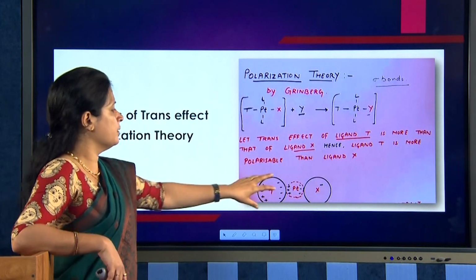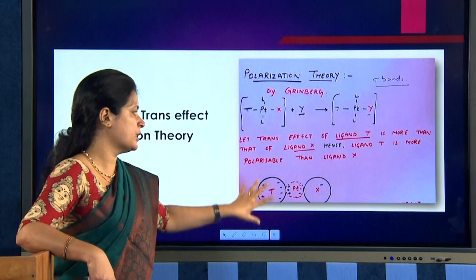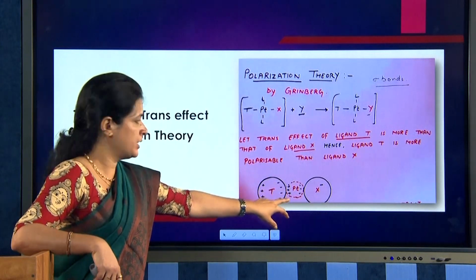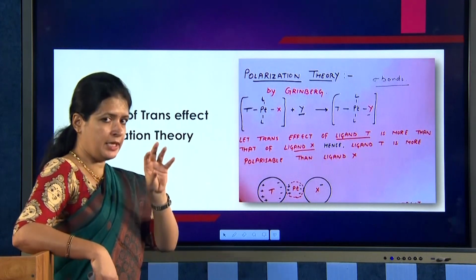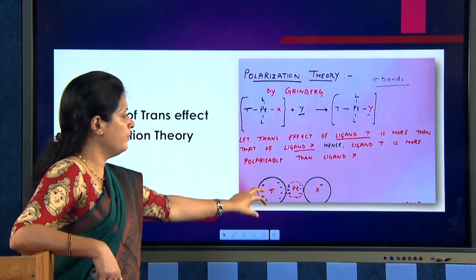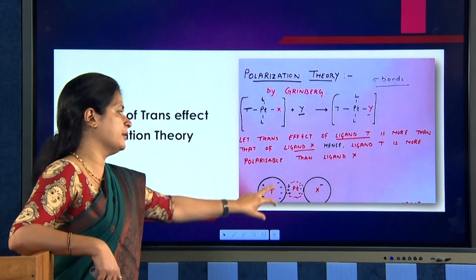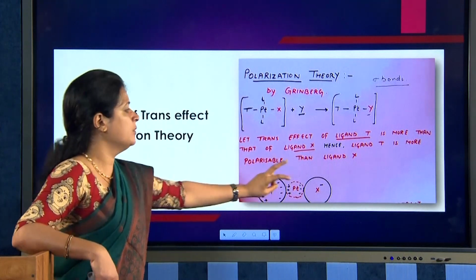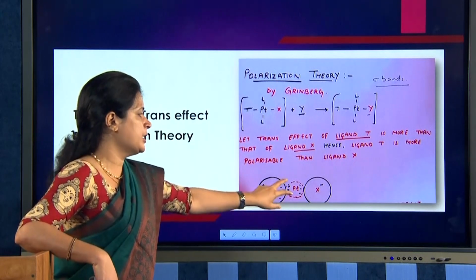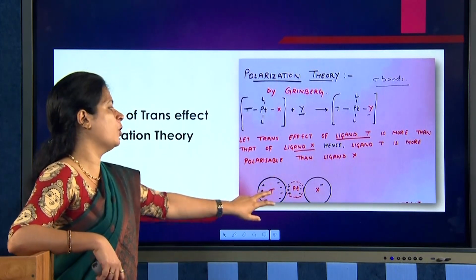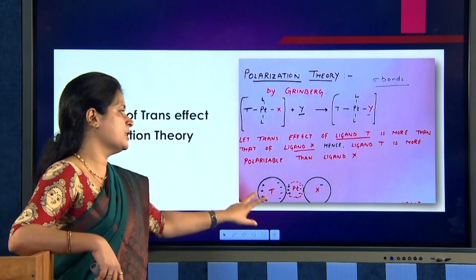Consider how the polarization theory works. We have the platinum metal as the central metal atom. Platinum is at the center, and you have the trans directing ligand named T and the leaving ligand named X. Platinum is able to polarize the trans directing ligand.